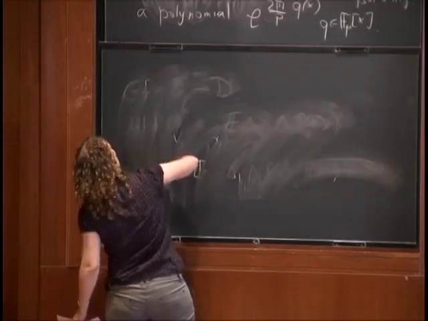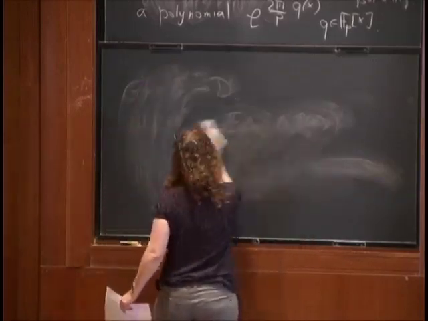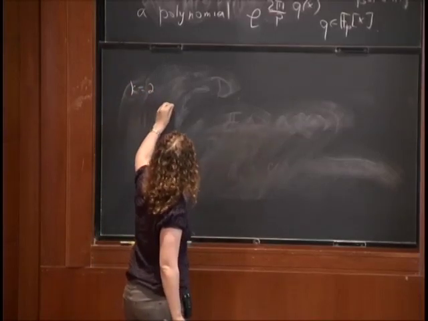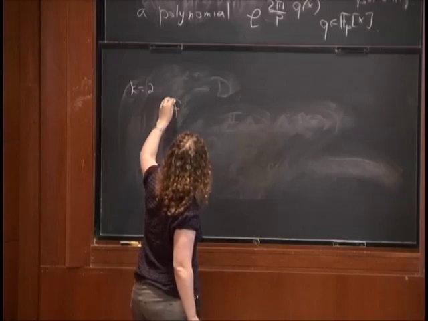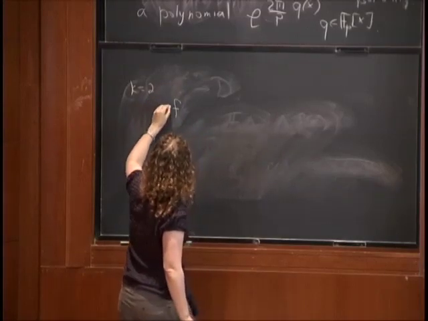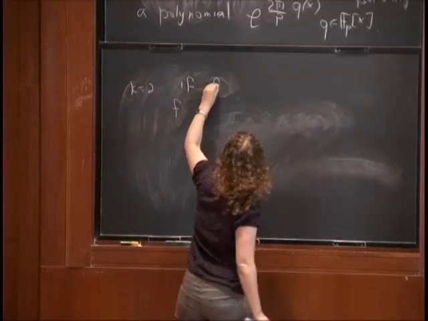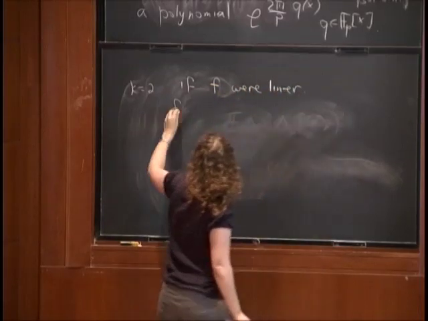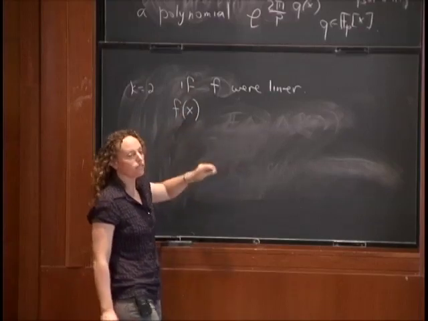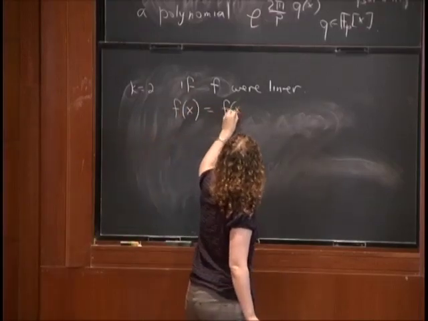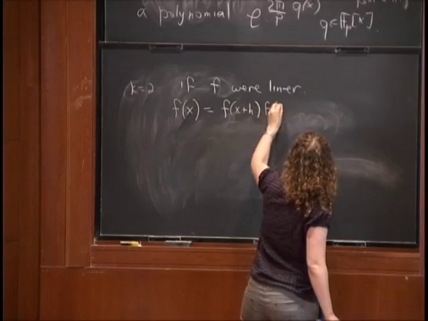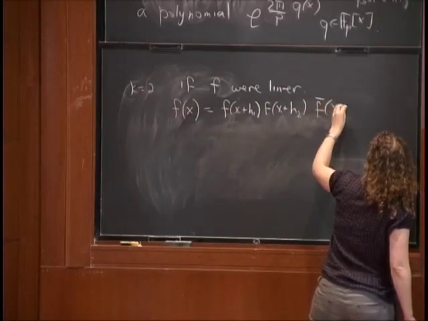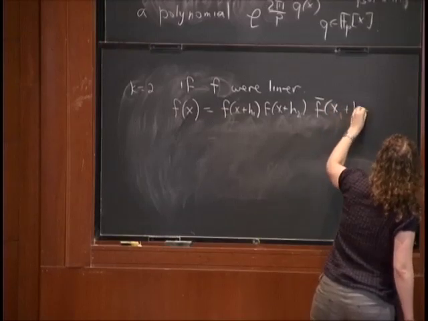Well, you ask your cubic friends. So say k equals 2, and you're looking at the U2 norm. So if f were a linear function, then the value at each point x is determined by f of x plus h1, f of x plus h2, f bar of x plus h1 plus h2.